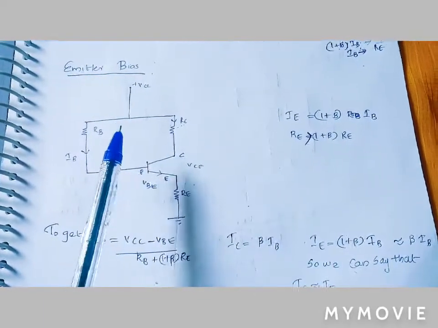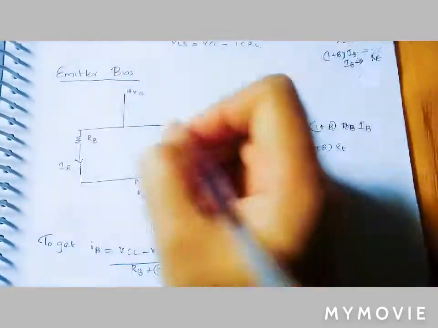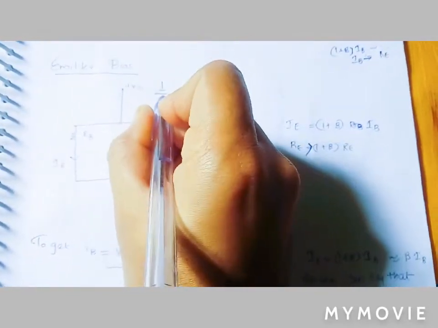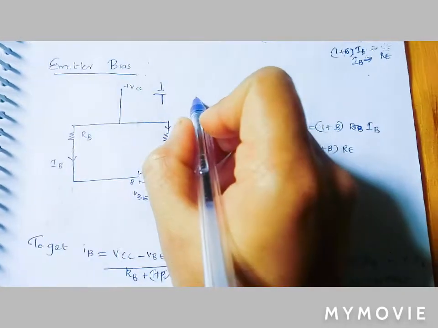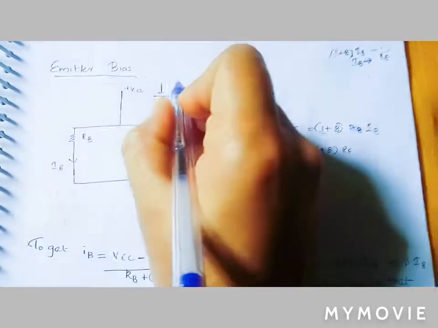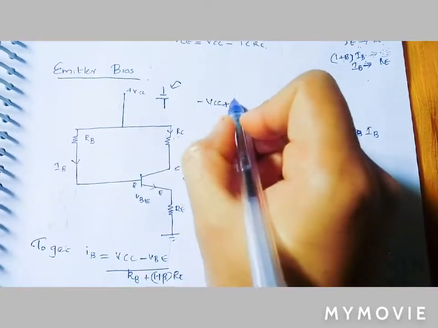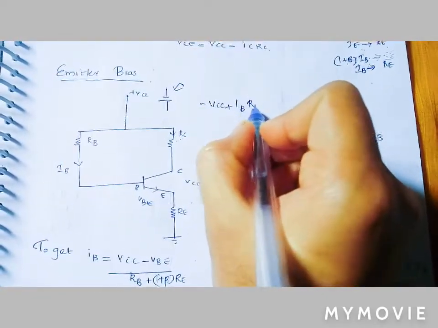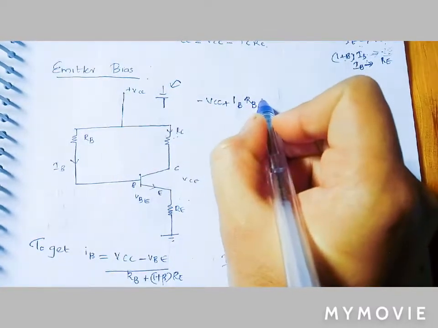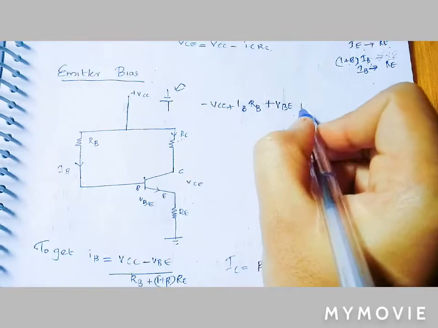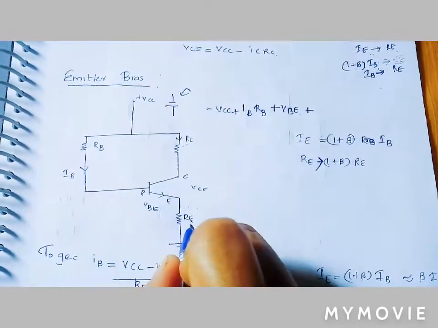We know the Kirchhoff voltage law here: it is battery, positive terminal, negative terminal. So minus VCC is the starting point, and here it is plus IB RB plus VBE plus IE RE.